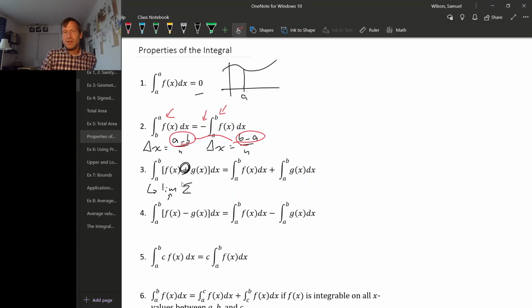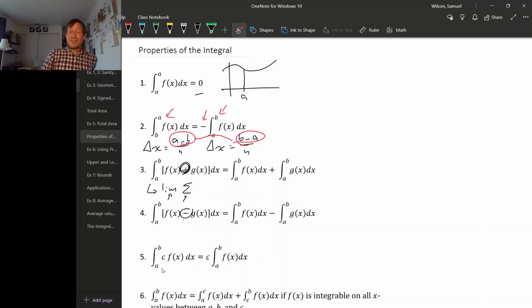That's the sum rule for limits. But an integral is just a limit of a sigma. So both of these distribute over sums, and so an integral should also distribute over a sum. Exactly the same goes for differences. A sigma and a limit both distribute over differences, and so an integral should also distribute over a difference.